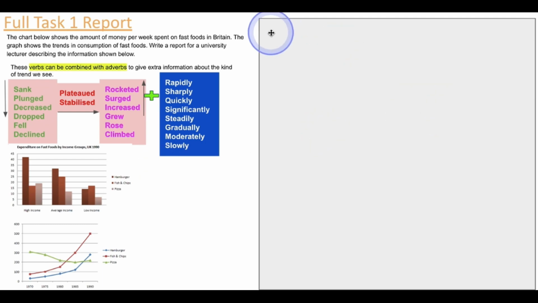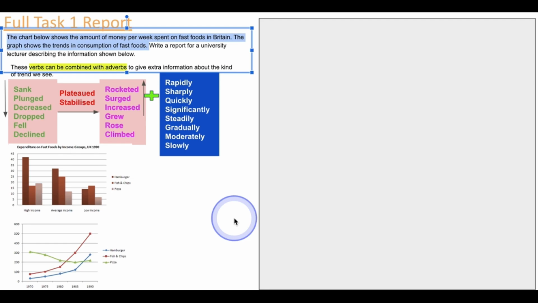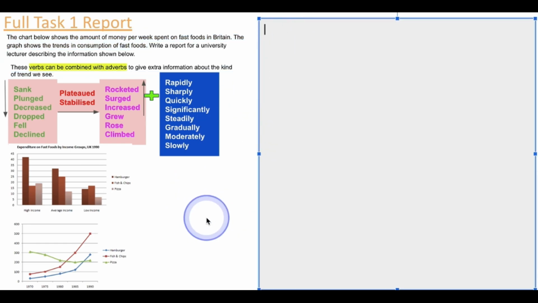Right, okay. So what do we need to do first? Well, we need to paraphrase these couple of sentences here. Okay, so we can think about the chart below shows the amount of money per week spent on fast foods in Britain. We can be more specific.